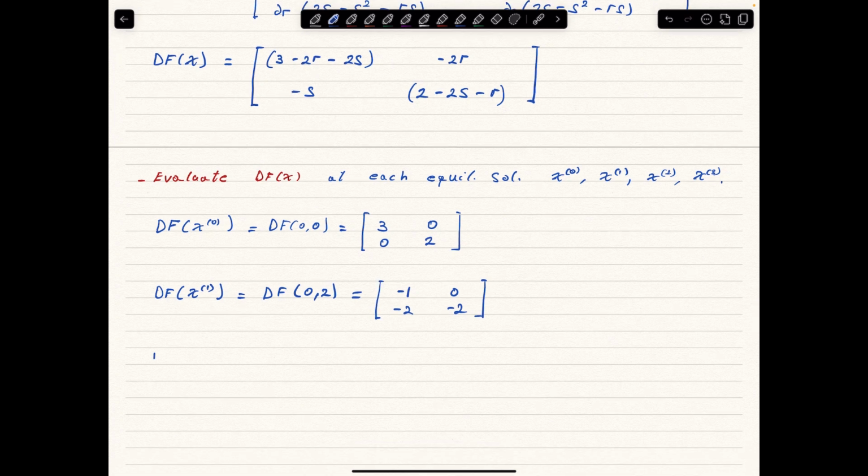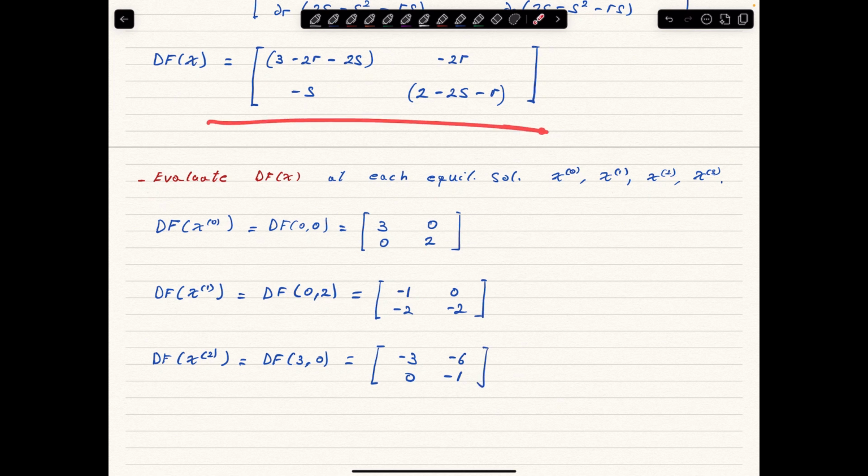Then the derivative matrix at the point x2, which, if we recall, is the derivative matrix at the point 3, 0. We should get something of the form negative 3, negative 6, negative 1, and 0. Again, what we are doing is evaluating this matrix at all these points.